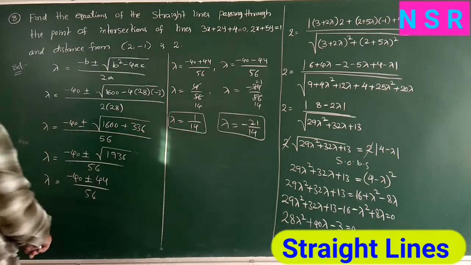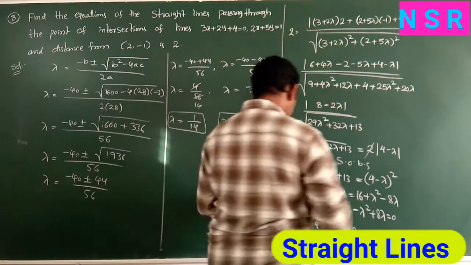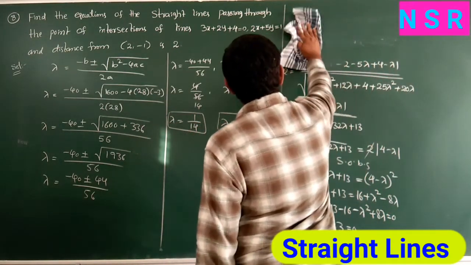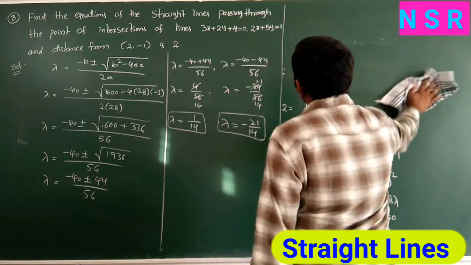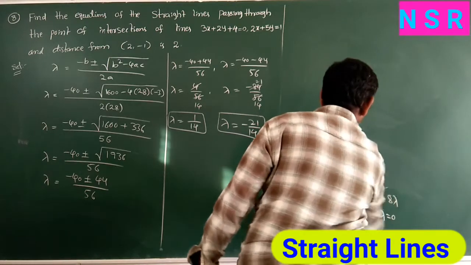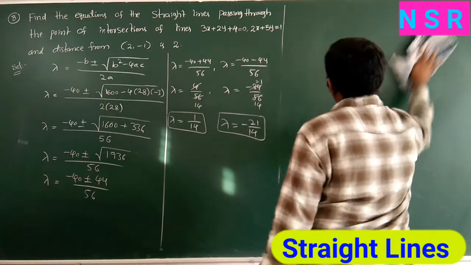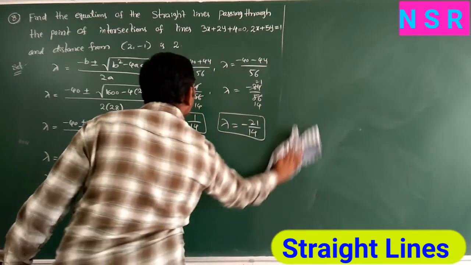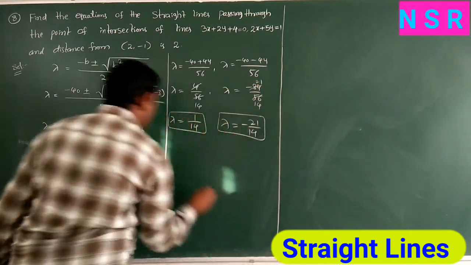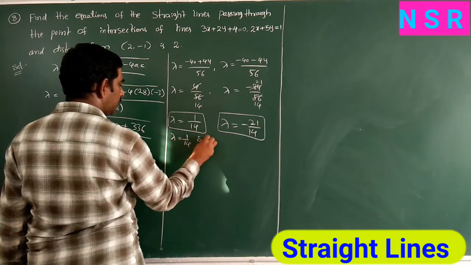So these lambda values we substitute in equation 1. So we get 2 straight line equations. So what is equation 1? Equation 1 is L1 plus lambda L2. So lambda equal to 1 by 14.